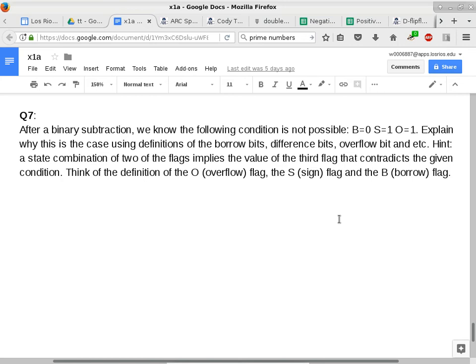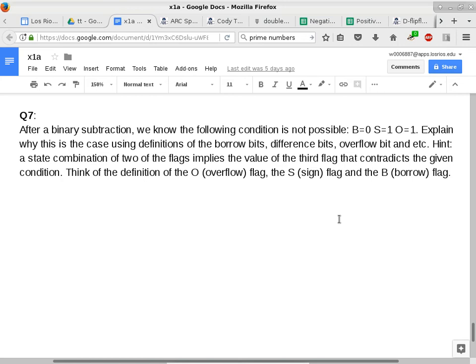In other words, when you look at 2 of the flags, it would imply the third flag, but the implied value contradicts what is given to you, or what I think is impossible. And then, the last sentence basically gives you the order. Think of the definitions of the overflow flag, the sign flag, and the borrow flag. Now, I didn't quite spell out, in this order, think of the flags, because I think I got you enough clues already.